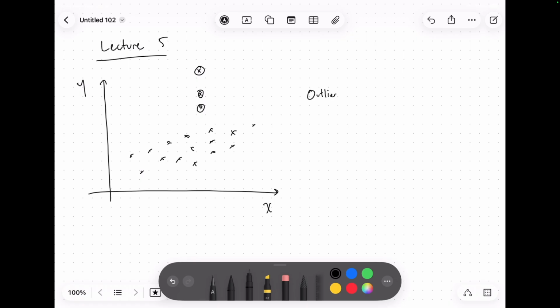So outlier analysis. This is a data point that differs, let's say, statistically from other observations. Okay.